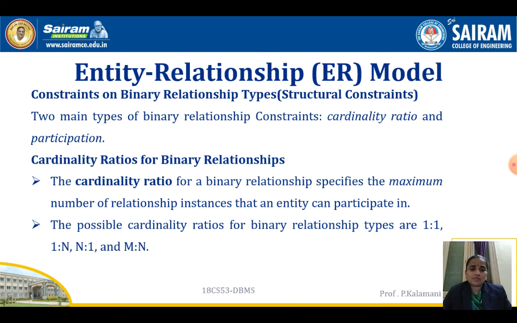And 1 to n means one employee manages n departments. N to 1 means n employees work for one department, and m to n means m employees work for n projects. So at a time more than one employee will work for more than one project. This is called m to n, that is, a many to many relationship.